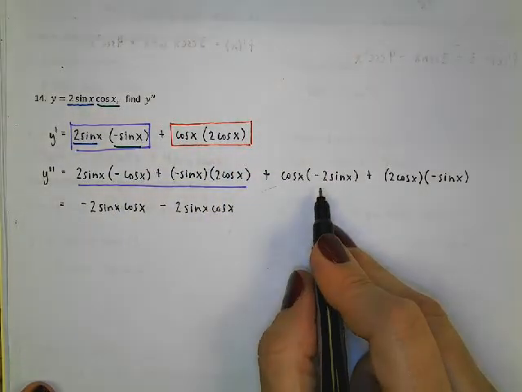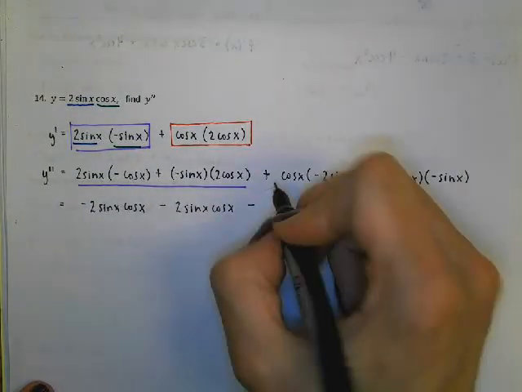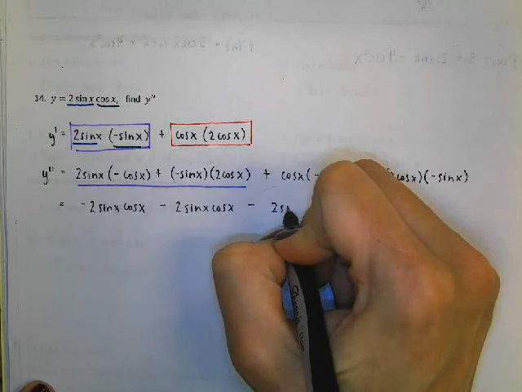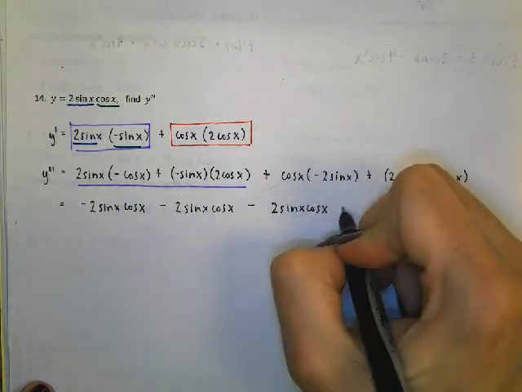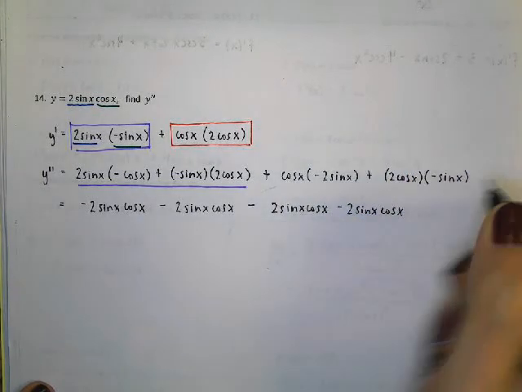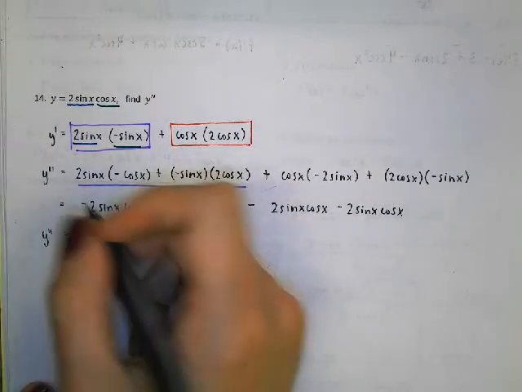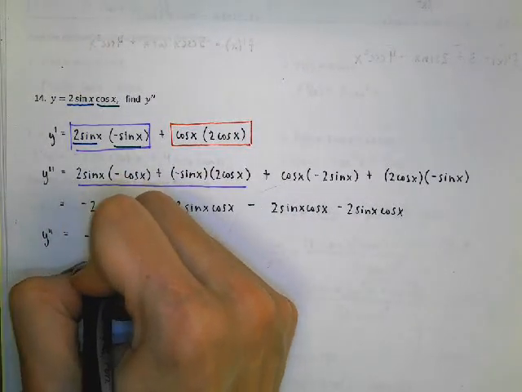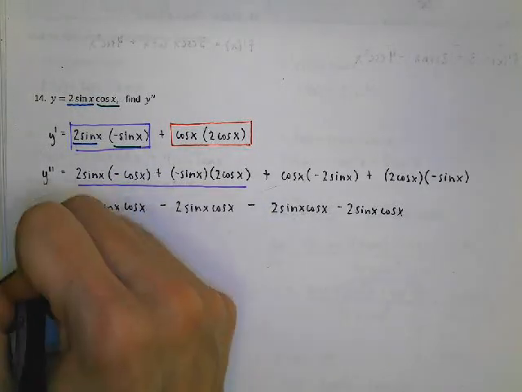And this is actually going to be pretty easy to simplify because I have the same term over and over again. Again, here's my negative 2 sine of x cosine of x. And then here it comes again, minus 2 sine of x cosine of x. So if I combine my like terms, my second derivative is just negative 8 sine of x times cosine of x.